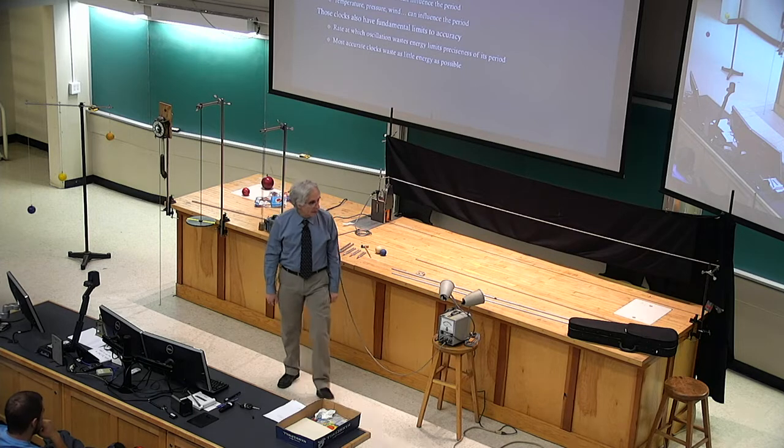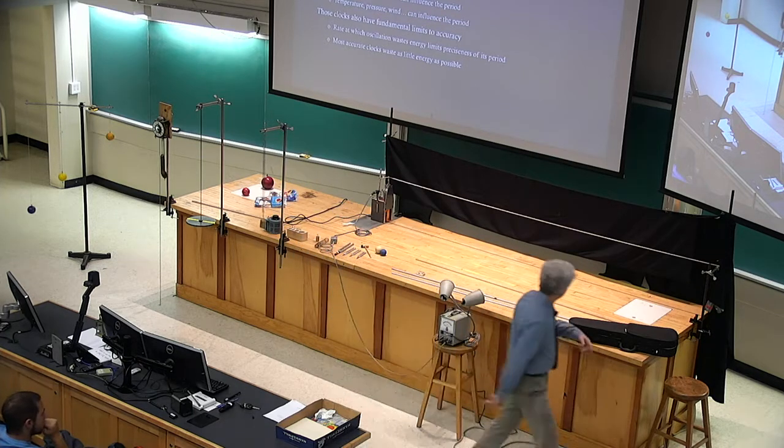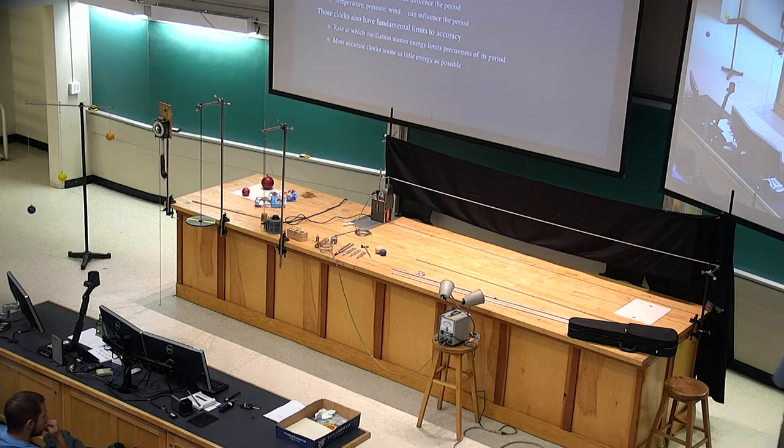I want to go back to a few tidbits about pendulums, because I talked about that and I don't feel like I did justice to the issues. It is also a harmonic oscillator. It has an inertial part that is simply the mass of the pendulum bob, in this case a bowling ball.